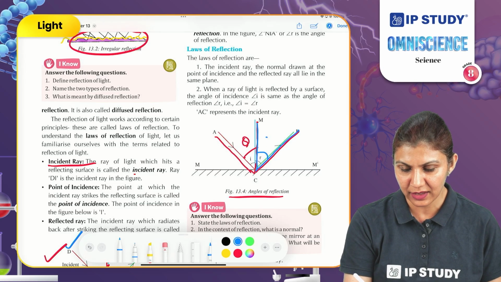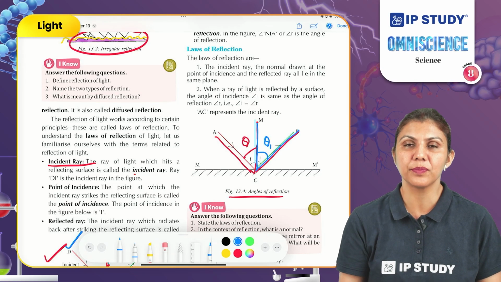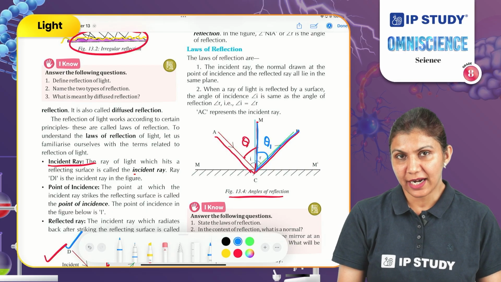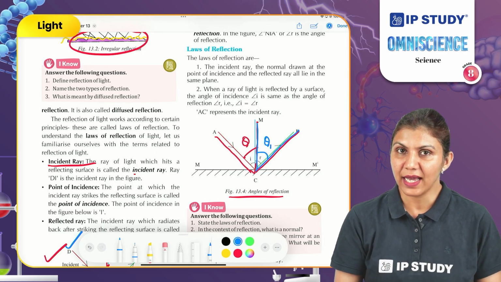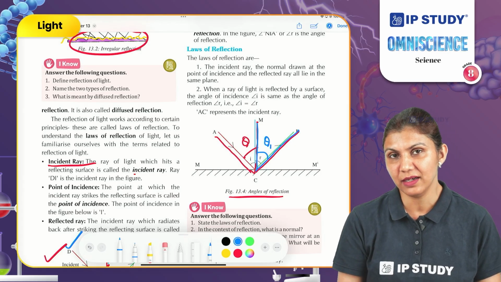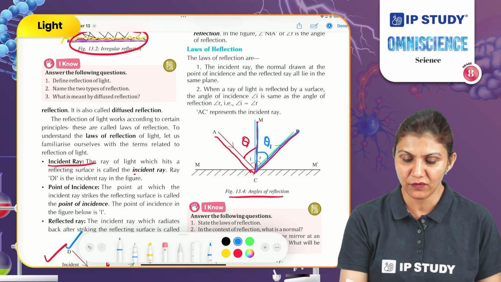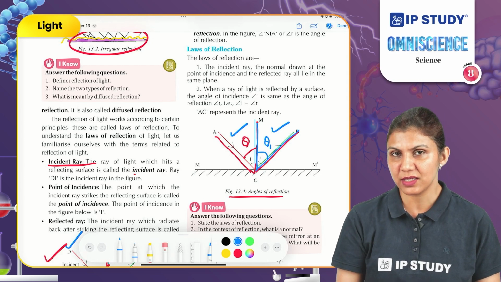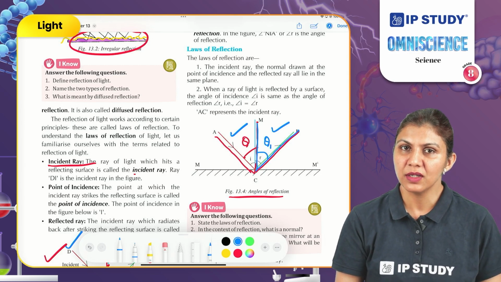Now mark it theta 1. Use a protractor to measure these angles. You will find that theta is always equal to theta 1, which means the angle of incidence is always equal to the angle of reflection. This is one law of reflection.